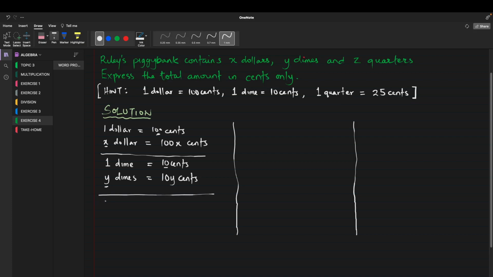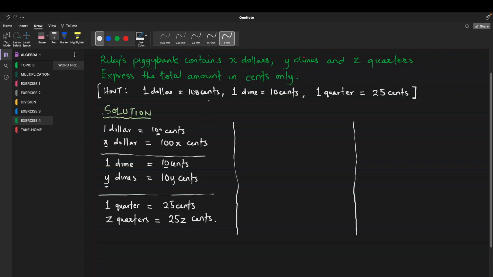Finally, the hint says 1 quarter is equal to 25 cents. Therefore, z quarters will be equal to 25z cents.